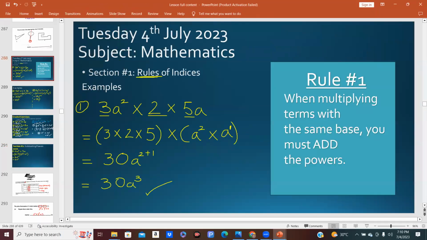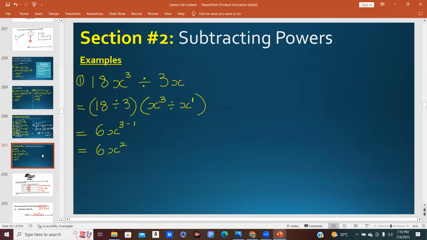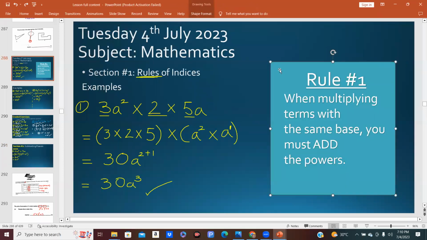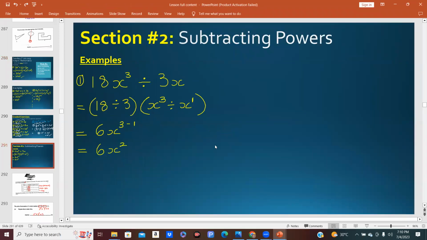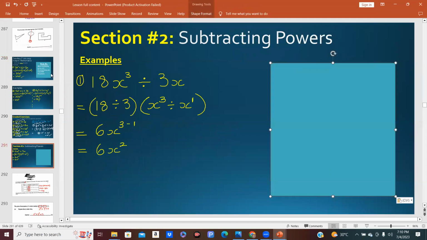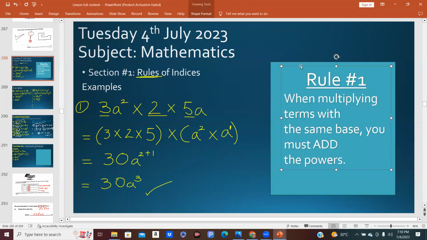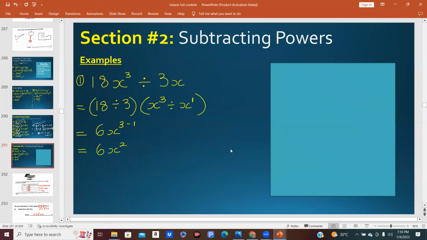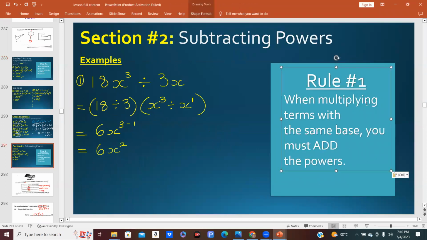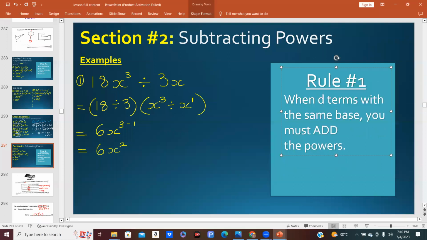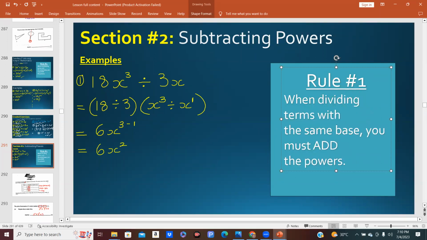Remember, for the last one we said that when you are multiplying terms with the same base, you add the powers. And for this one, when we are dividing terms with the same base, you must subtract the powers.